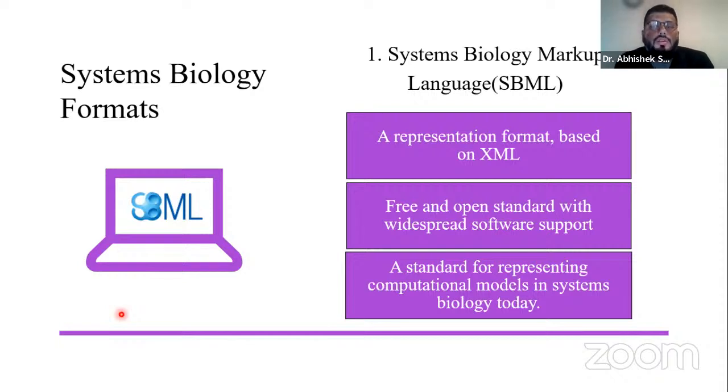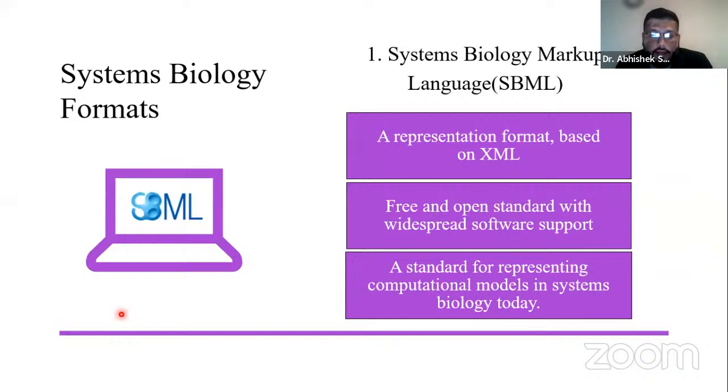Systems biology has various formats. One of the very widely used formats is called SBML, the Systems Biology Markup Language. It's an XML-based format, that is, Extensible Markup Language based.